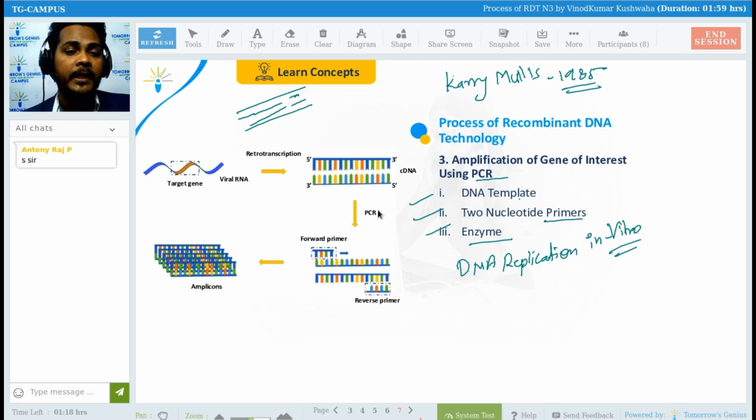Now these primers are oriented with their 3' ends facing each other, which allows the synthesis of DNA towards one another, right? And the last one is the enzyme. You require DNA polymerase, because you are working with DNA, which is a part of replication.